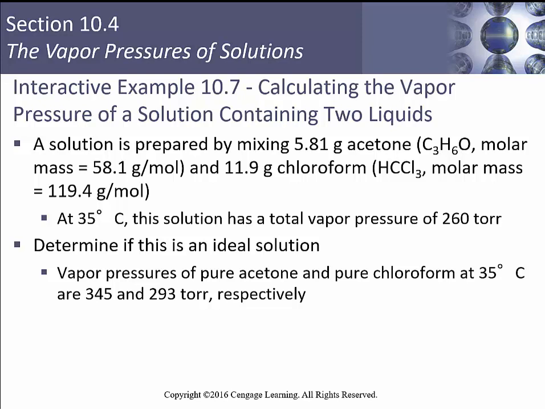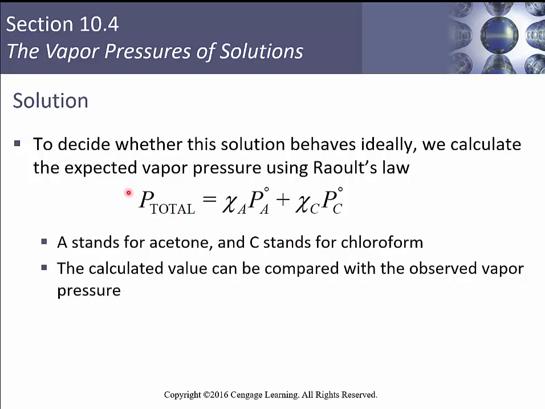So the vapor pressure of pure acetone and pure chloroform at 35 degrees C are 345 and 294 torr respectively. We're going to need to use that version of Raoult's law where we're looking at the P total as being the sum of chi A times its pure solvent vapor pressure and chi C for the chloroform times its pure vapor pressure. A is for the acetone and C is for the chloroform.